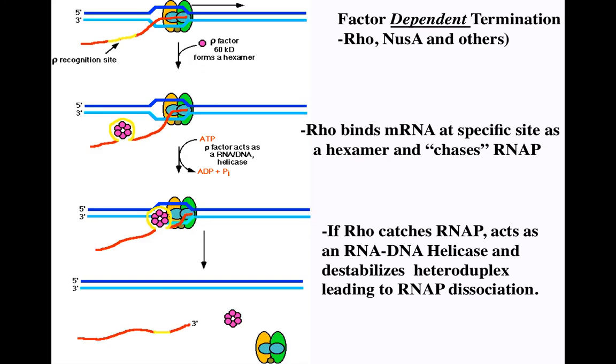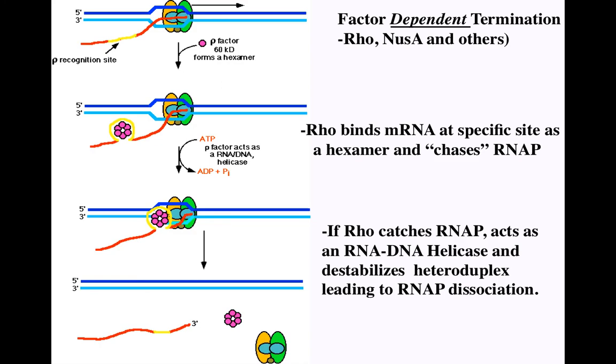But sigma is gone. So this RNA polymerase is moving down the DNA. It's causing this local melting. And the nascent messenger RNA is shown here in red. So as that RNA emerges from the RNA polymerase, it's going to be bound by this protein Rho.